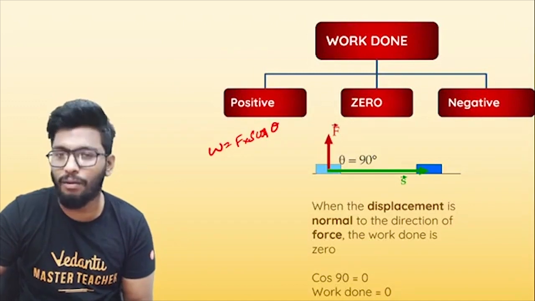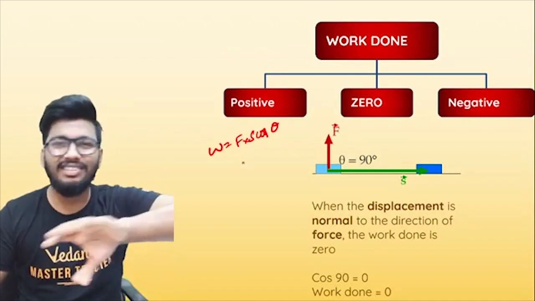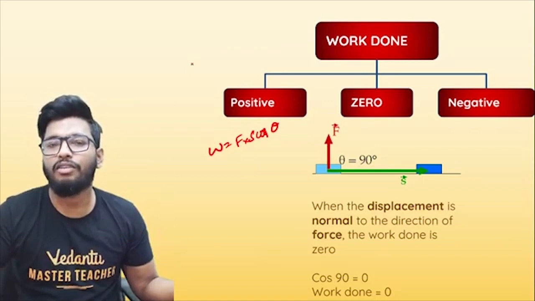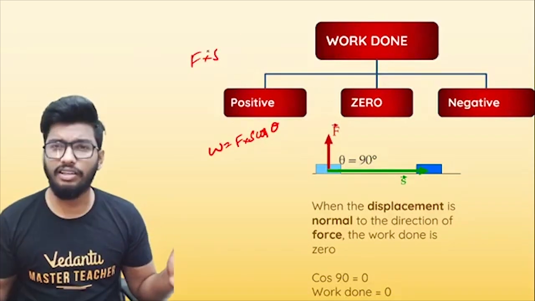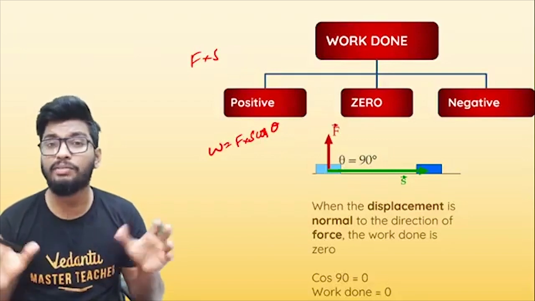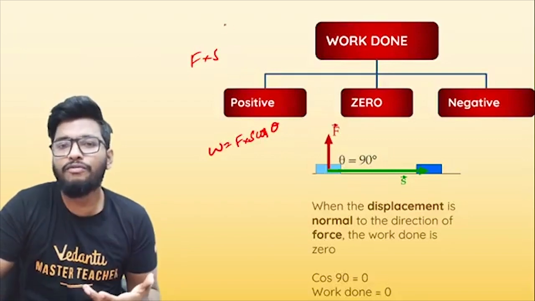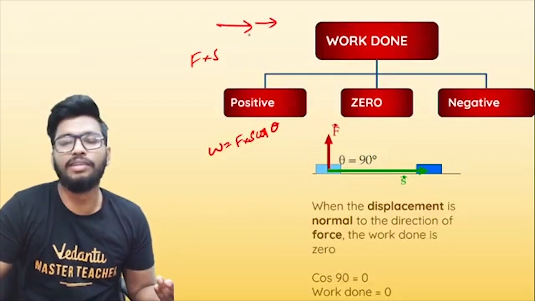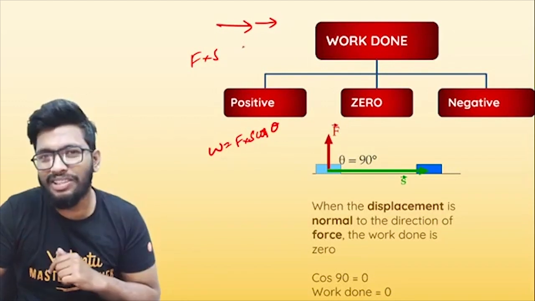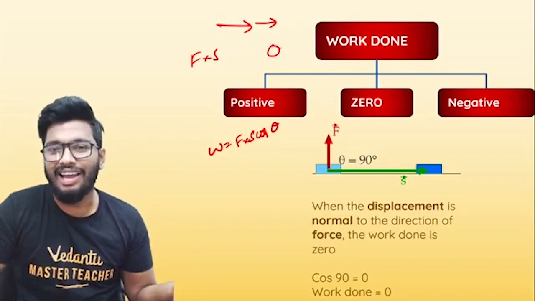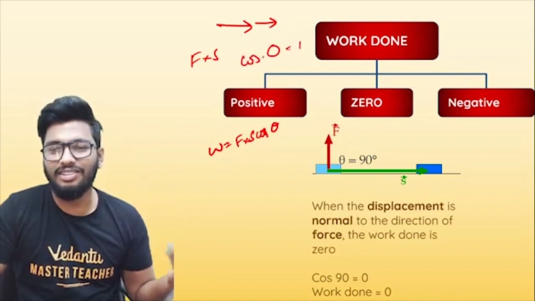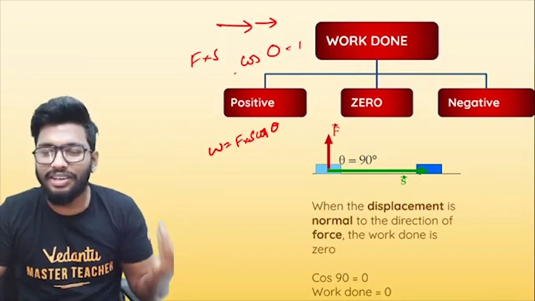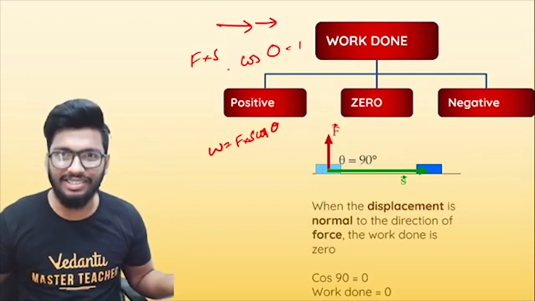Right now we just learned it as force into displacement, because in most cases we apply the force and displacement in the same direction. So when force and displacement are in the same direction, the angle between them is 0, and cos 0 is nothing but 1. So when you put it in the equation, you'll again get F into S itself.